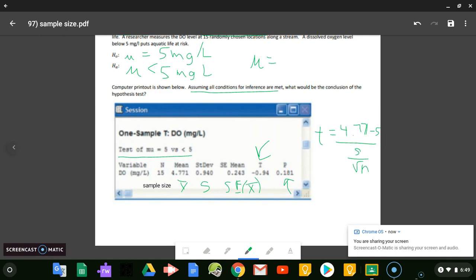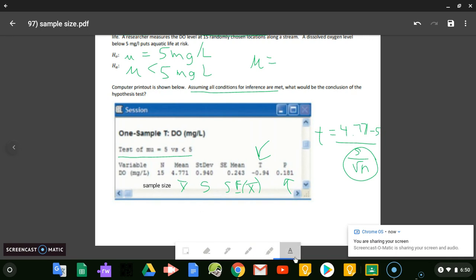Or, if we wanted to, instead of this we could just put the standard error of the mean, because those are one and the same. Then we have a p-value of 0.1881, so that's a p-value of about 18%. Based on that, because our p-value is high, we fail to reject the null.